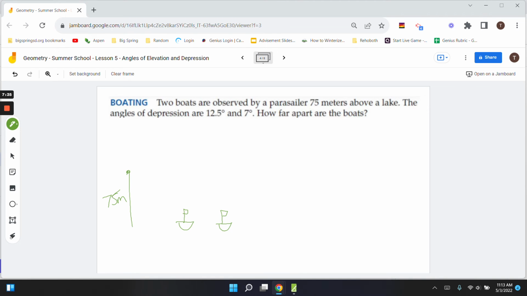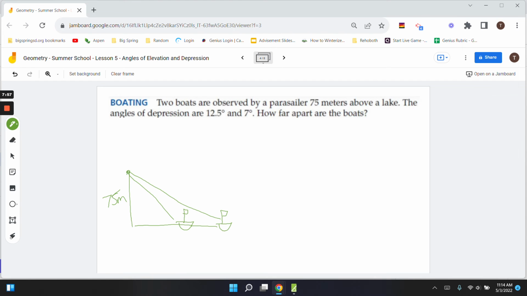And the smaller angle would actually be the 7 degrees. Because we're doing angle of elevation, we need to think about this, not there.